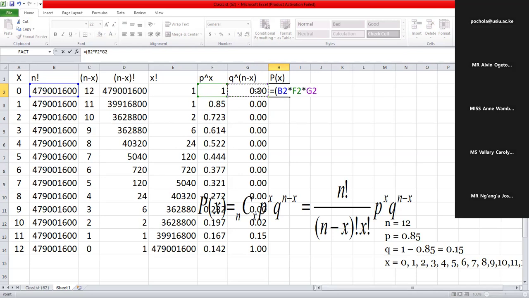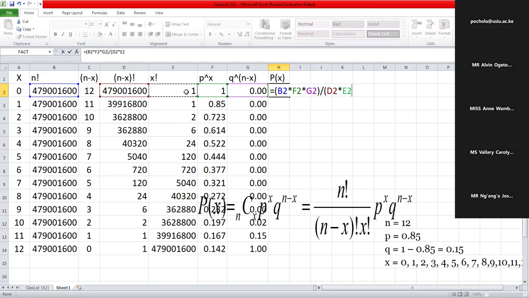Then I put a bracket, because I'm using Excel. Then another bracket: n minus x factorial. Where is that? This one here. Even if you put it in your calculator, that's what you do. Then x factorial. The corresponding x factorial is this one.